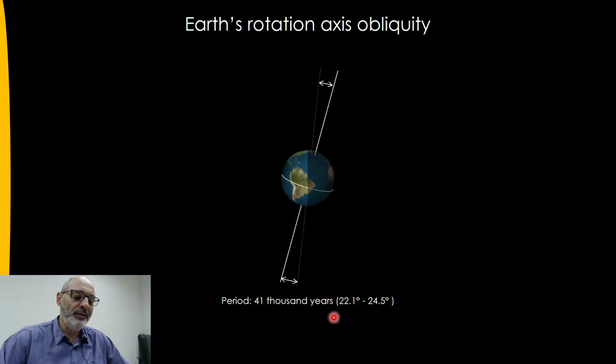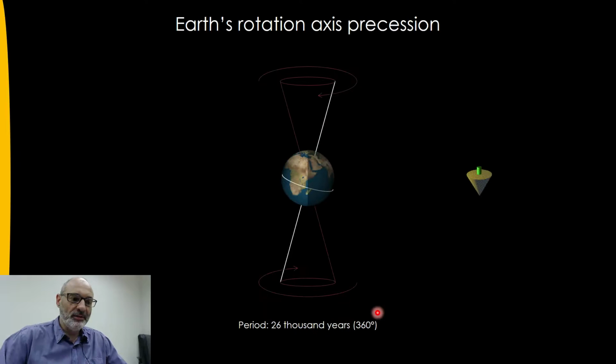The period here is 41,000 years, and it varies between 22.1 and 24.5 degrees. Also, the most famous one is Earth's precession, which is like a top. The period is 26,000 years for a single cycle.